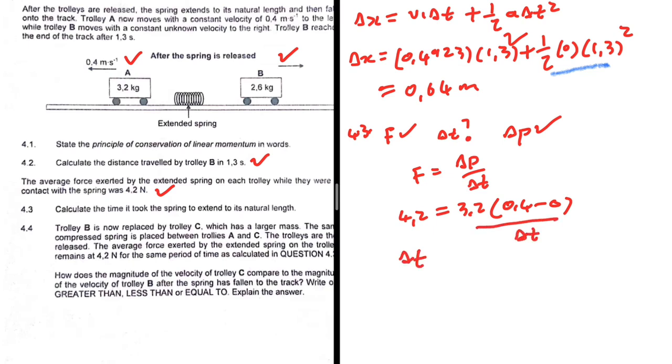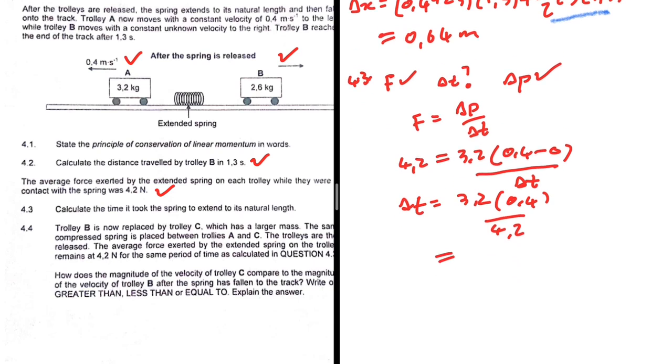So delta t should equal 3.2 multiplied by 0.4 divided by 4.2. Let me go ahead and put that in my calculator. So 3.2 multiplied by 0.4 divided by 4.2. What do I get? 0.3. So there we go. It takes 0.3 seconds for this spring to extend to its natural length.